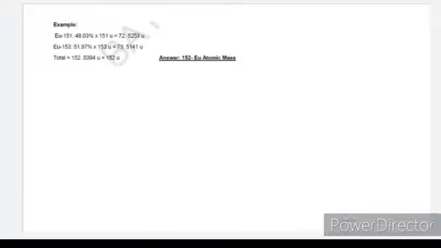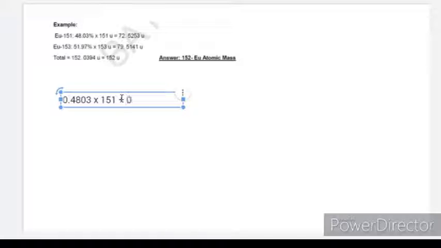Now, let's try to solve given the example. We have 151 and 48.03. Using our computation, 48.03 will now become 0.4803. To change the percent into decimal, you have to divide it by 100 or move the decimal point 2 places to the left. Multiply that by 151. Then, add that to the percent abundance of 153, which is 51.97.